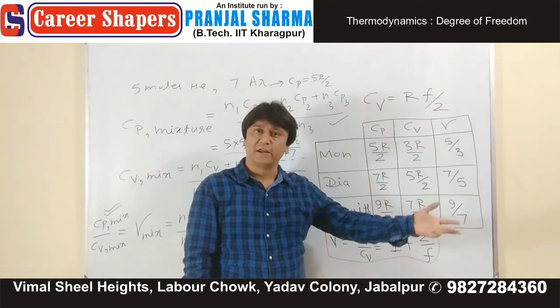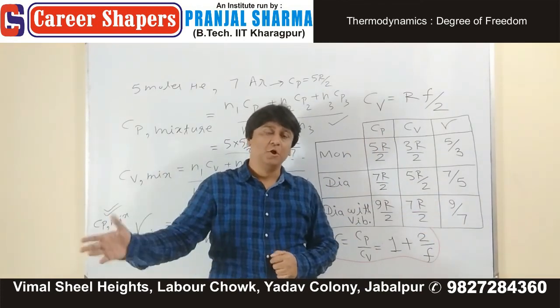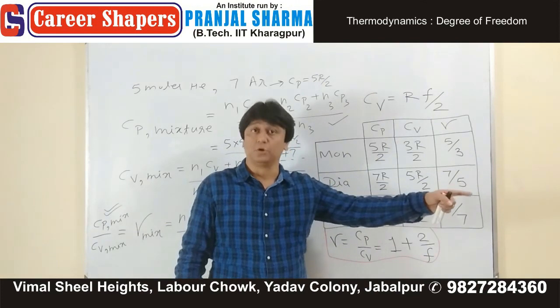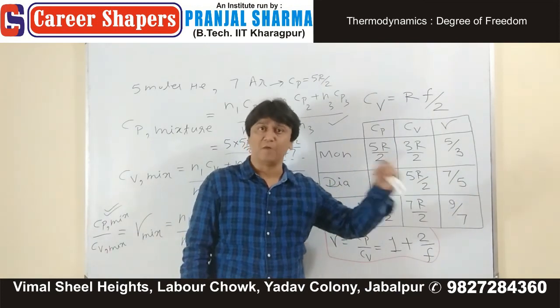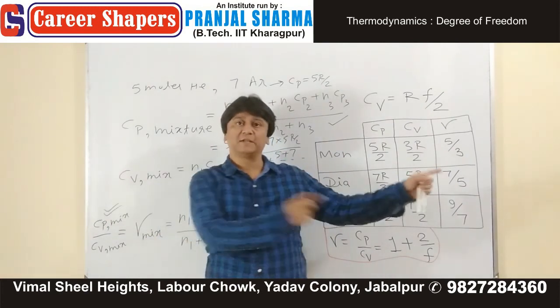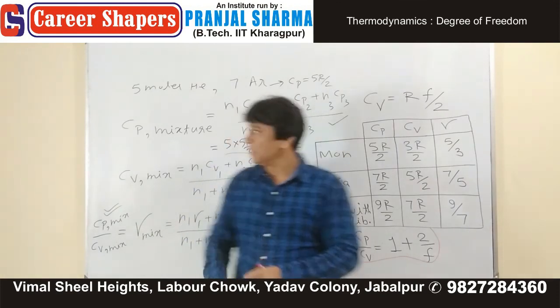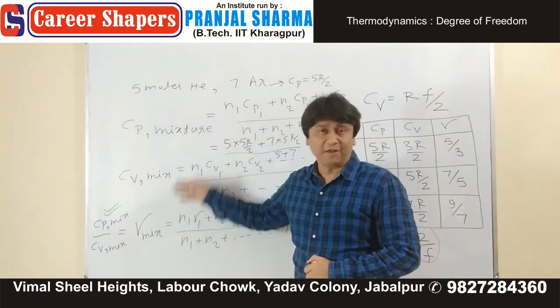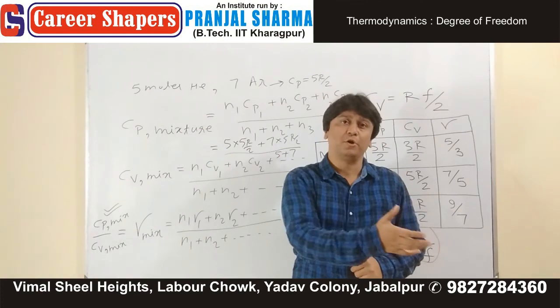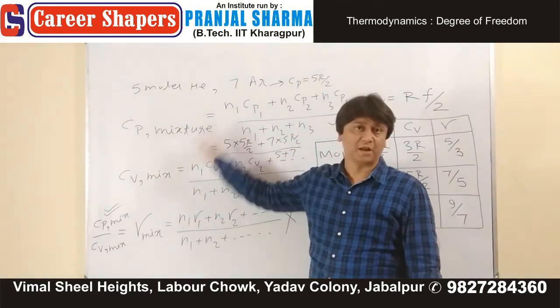When is this going to change? When you mix 5 moles of helium with 10 moles of hydrogen. That's a different type of combination. Now you've got helium, which is mono, as well as hydrogen, which is di. Both are present. If both are present, then use these formulas. If the combination is mono-mono or di-di, then the formulas are useless.